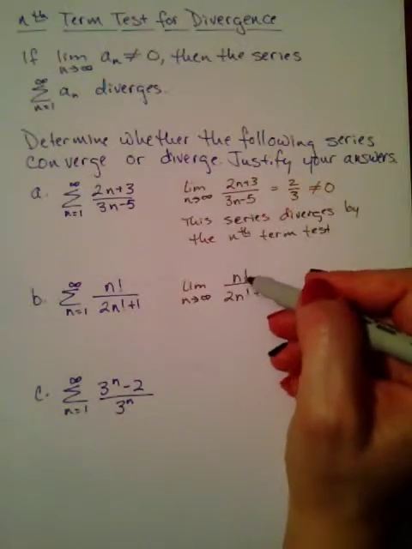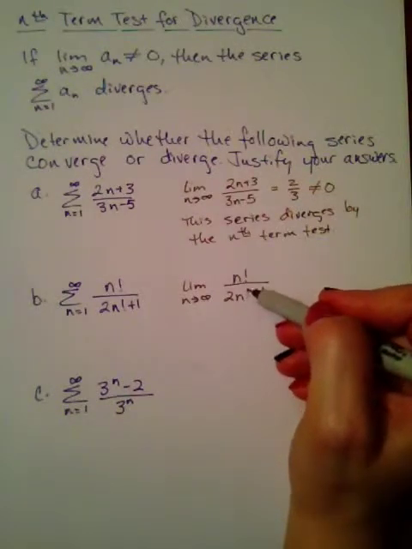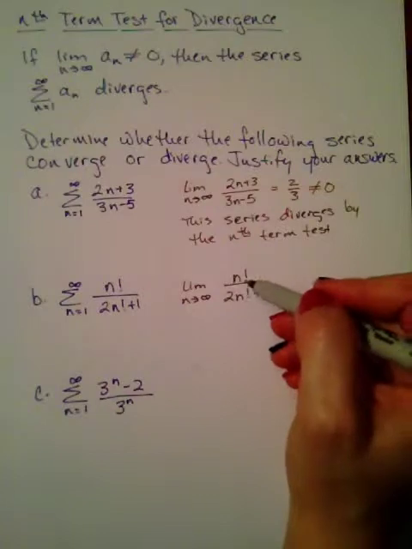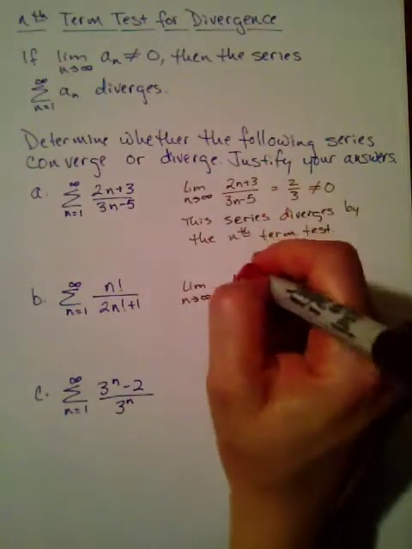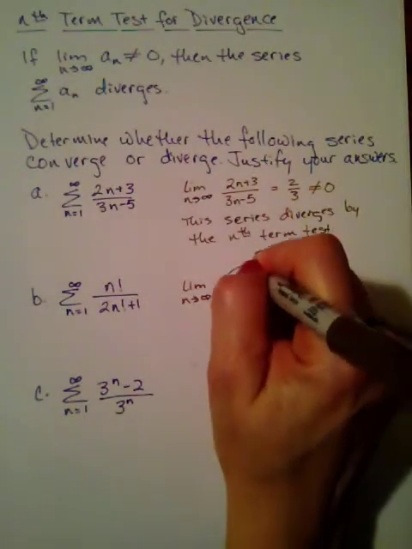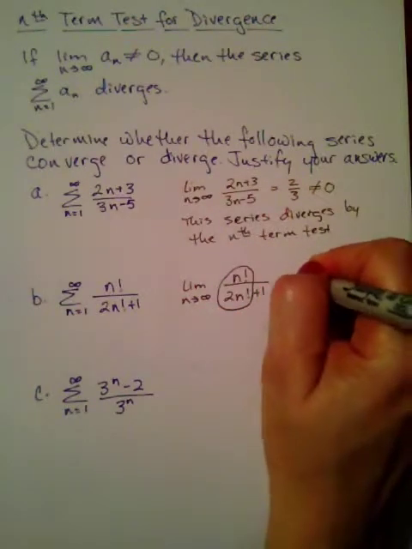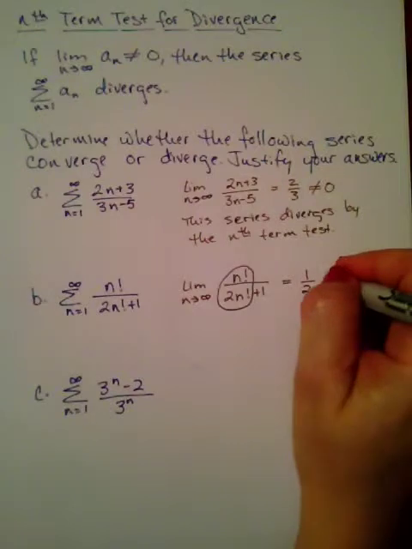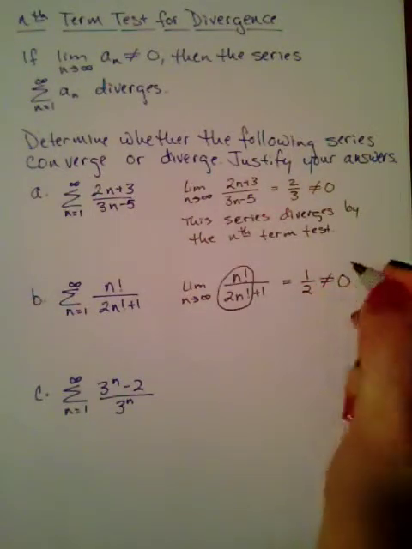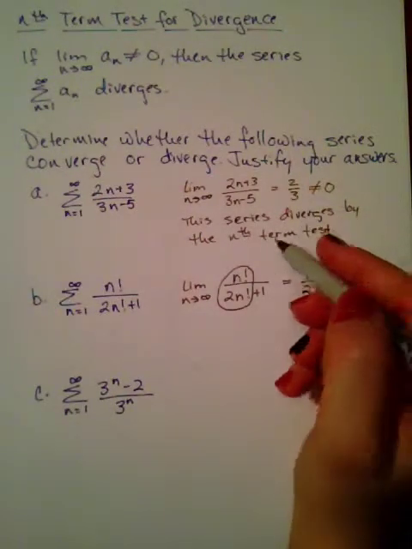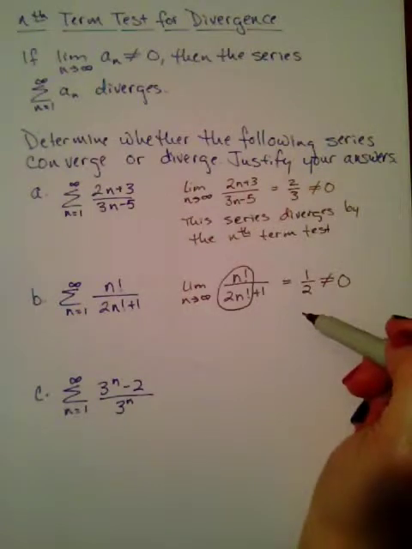And I'm going to choose to do dominant terms because I don't know the derivative of the n factorials. So I'm not going to be using L'Hopital's. So if I look at my dominant terms, my n factorials would cancel out, and this limit is equal to 1/2. And again, 1/2 is not equal to 0. So just like the previous series, we would write this series diverges by the nth term test.